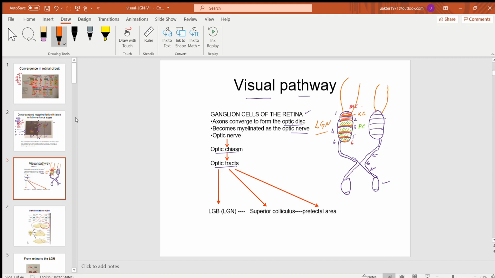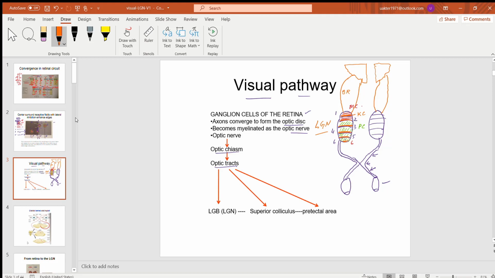So this is the primary visual cortex. Okay. The primary visual cortex receives the signal from the lateral geniculate nucleus through the optic radiation or geniculocalcarine tracts or fibers.